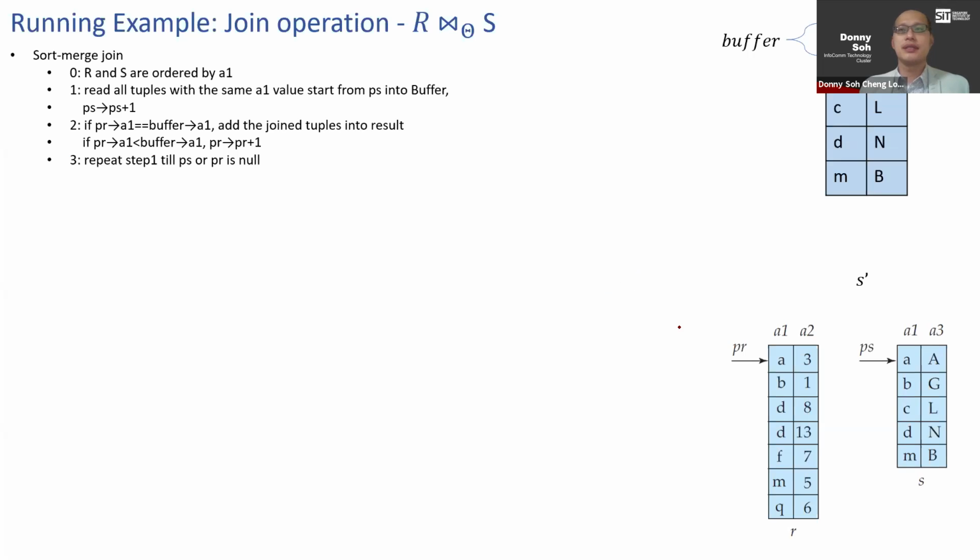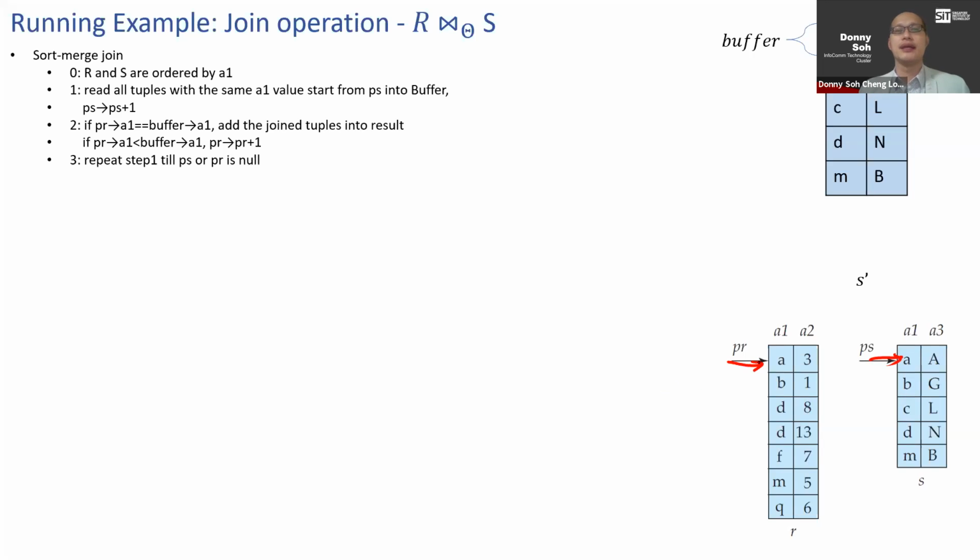Actually, this is very similar to what we do for merge sort. In this merge sort example, we have two buffers, and we read all the records in one table and in another table as possible, and then we put the first pointer at the start.